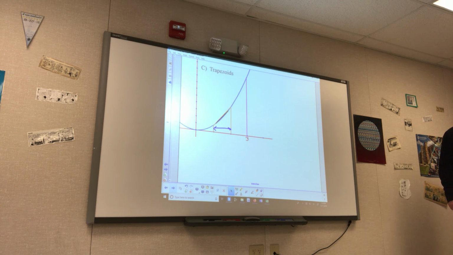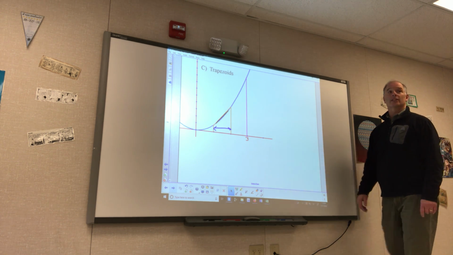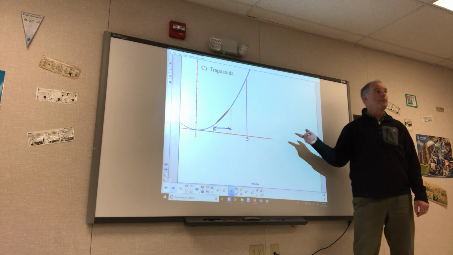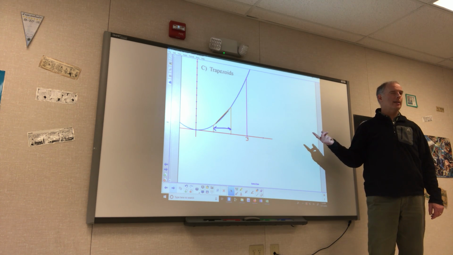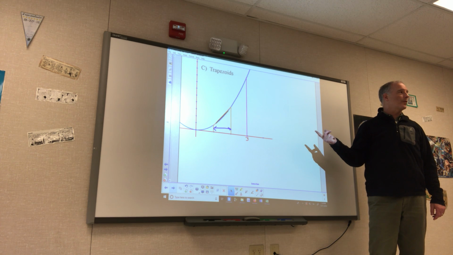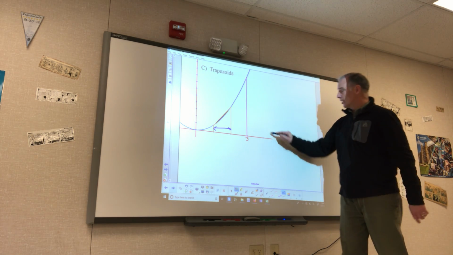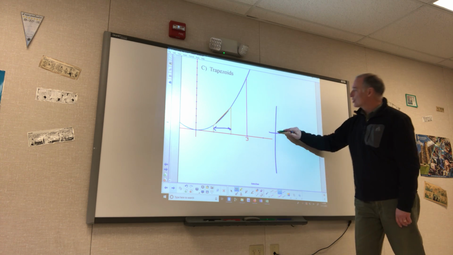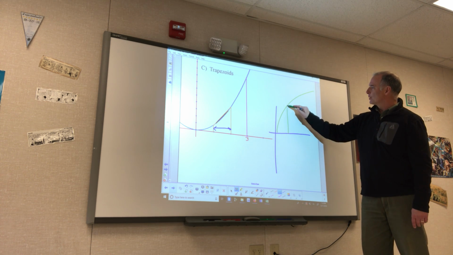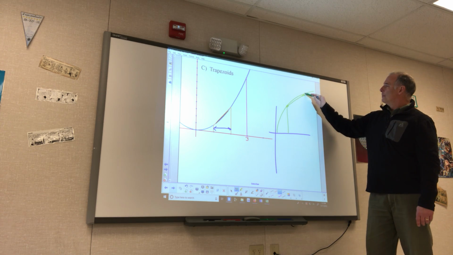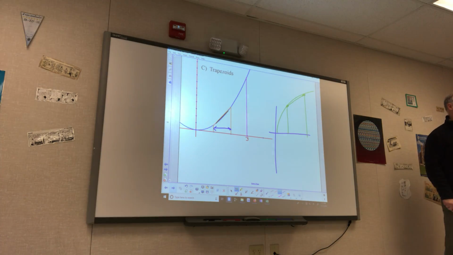So what's going to determine whether it's an over or an underestimation for a trapezoid? A moment ago we decided it was whether it was increasing or decreasing. But I can have an increasing function that looks like this, and now when I do a trapezoid, it's going to be an under approximation.